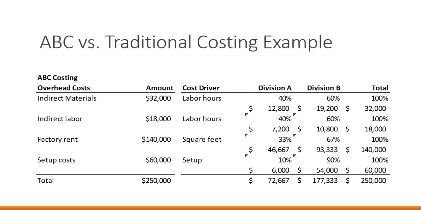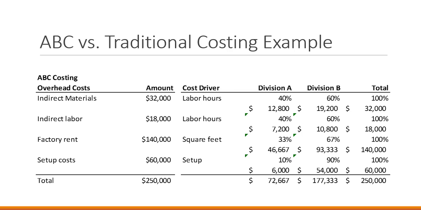The labor hours are, as before, 40% Division A, 60% Division B. Notice that the rent allocation results in different percentages, 33% and 67%, and the setup costs also result in different percentages, 10% and 90%.